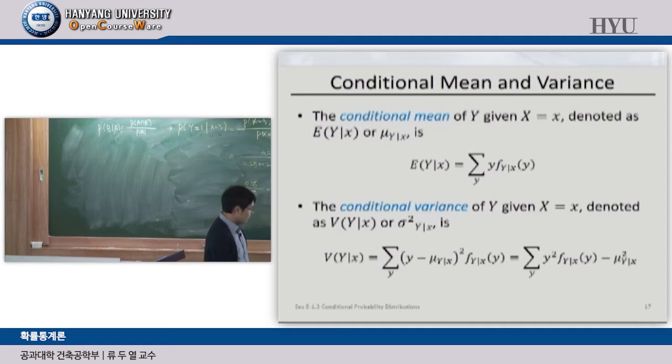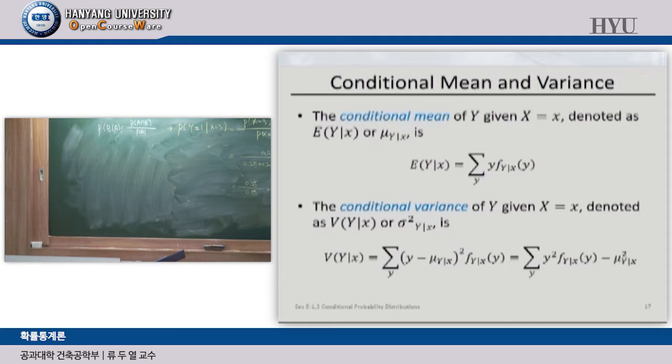And this is the identical formulation with the probability mass function, right? Do you remember that? In the case of the probability mass function, the E of X was the summation of y multiplied by the probability mass function, okay? And what was the variance? It was the summation of y minus the mean, square, multiplied by the probability mass function.